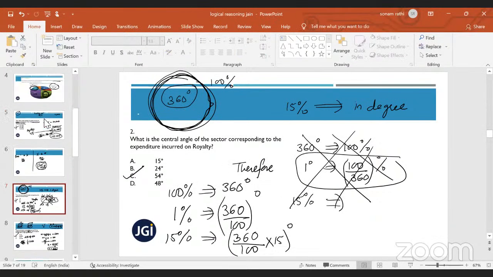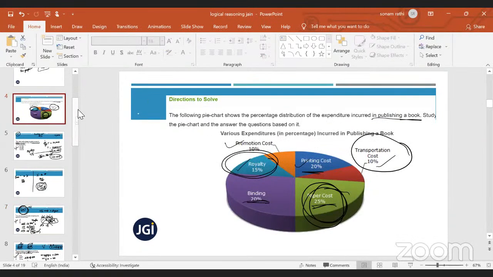That I know. Royalty is 54 degrees. Similarly, convert binding also into degrees, paper cost also in degrees, transportation cost also in degrees, and printing cost and promotion cost also in degrees. Calculate everything in degrees.